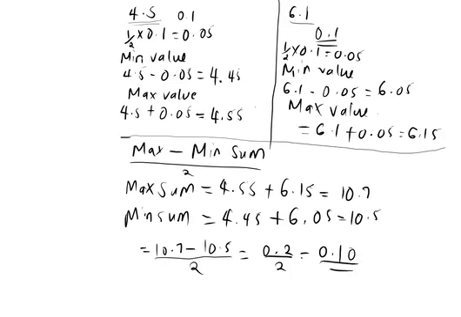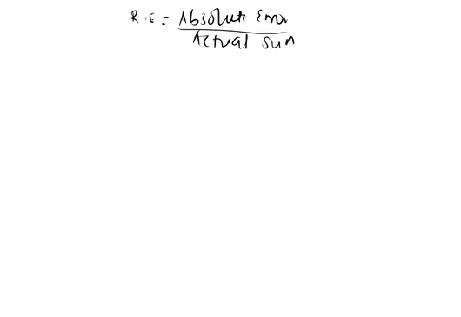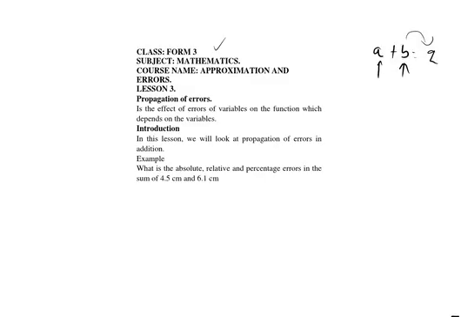With the absolute error, we can get the relative error, which is given as the absolute error divided by the actual sum. Actual sum is also called the working sum, and it is given by the measurements which are stated.